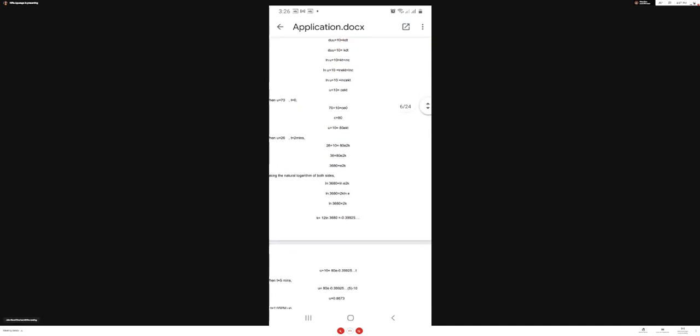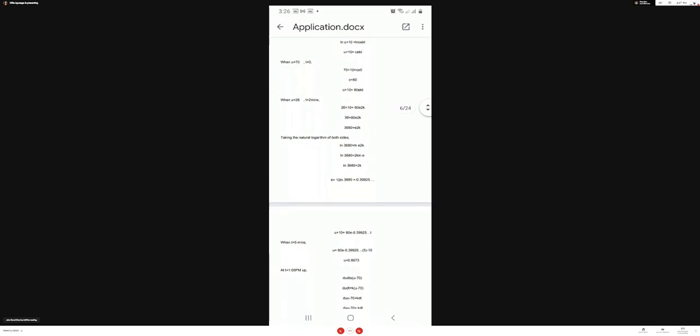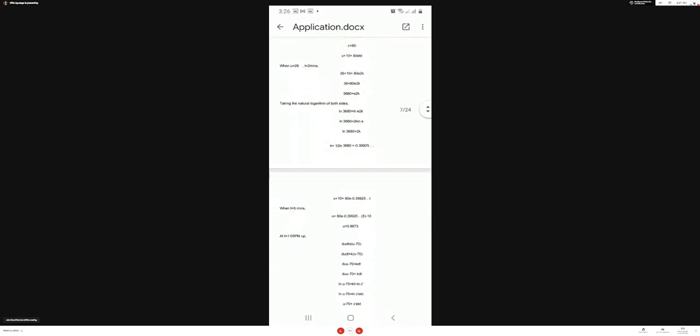Klaro po yun. So, para po makuha natin yung value for K, gagamitin natin yung second condition. So, at T is equals to 2, 26 po yung temperature, 26 degrees Fahrenheit. So, 26 plus 10 is equals to 80 e raised to 2K kasi nga yung ating T is 2. So, para makuha natin yung value for K, so we have 36 divided by 80 is equals to e raised to 2K.